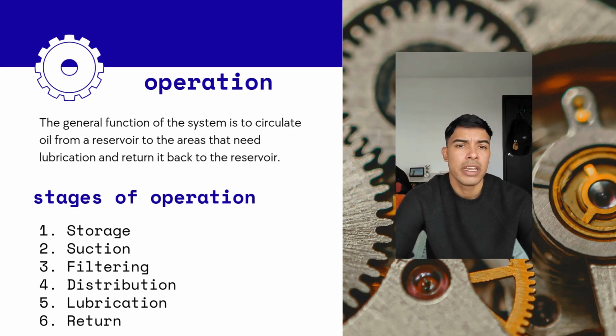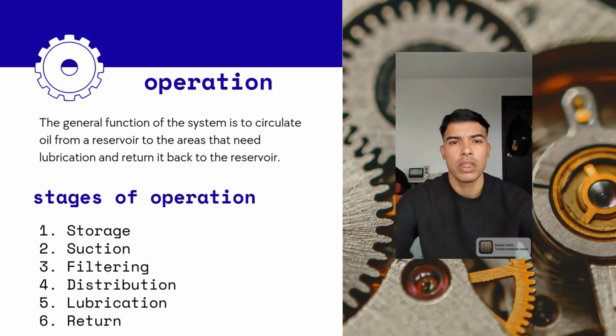After completing lubrication, the oil flows back to the crankcase by gravity. 7. Cooling. In some systems, before returning, the oil passes through an oil cooler to reduce its temperature.